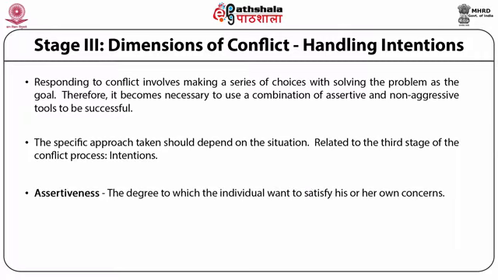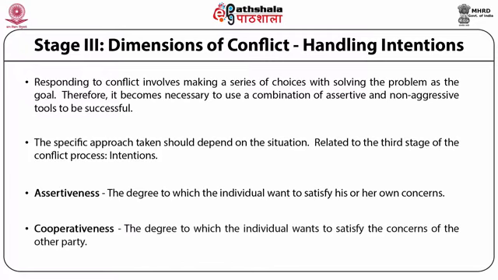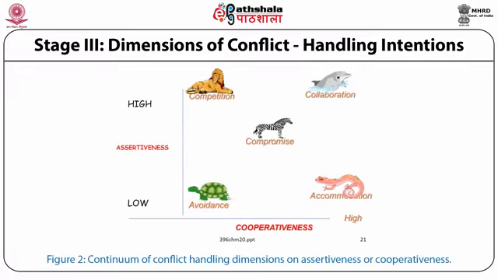Assertiveness: the degree to which the individual wants to satisfy his or her concerns. Cooperativeness: the degree to which the individual wants to satisfy the concerns of the other party. As can be seen from figure 2 below, if the person is high on assertiveness and low on cooperativeness, he will compete.